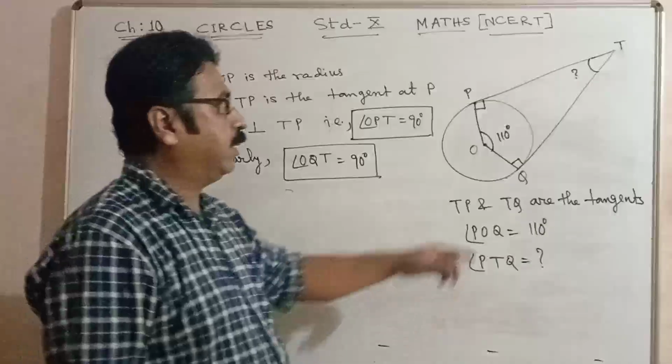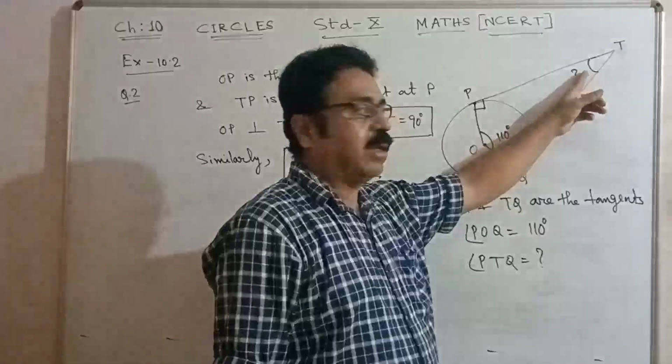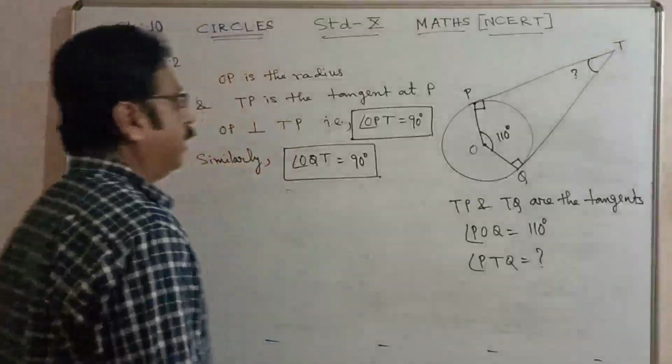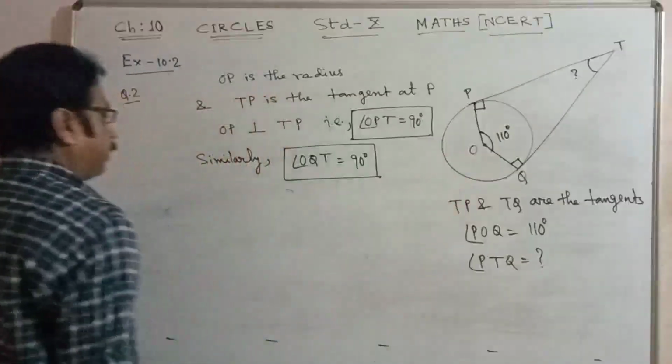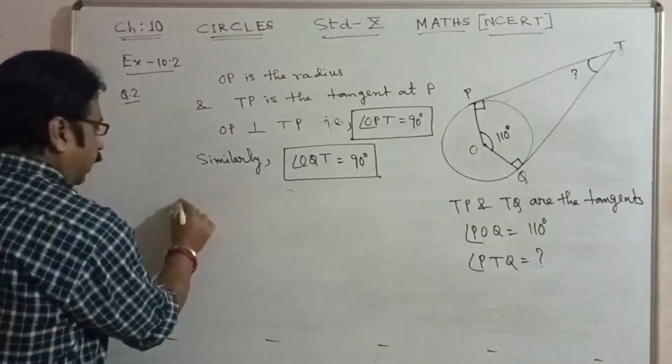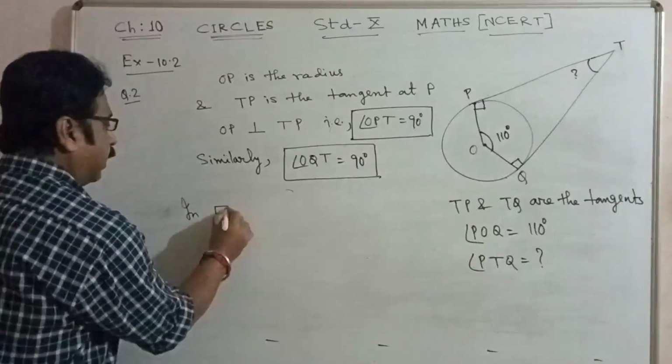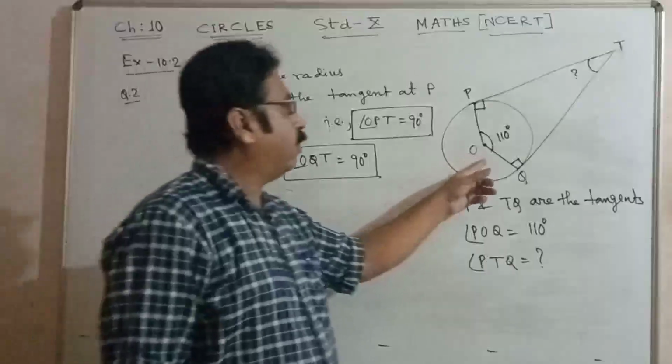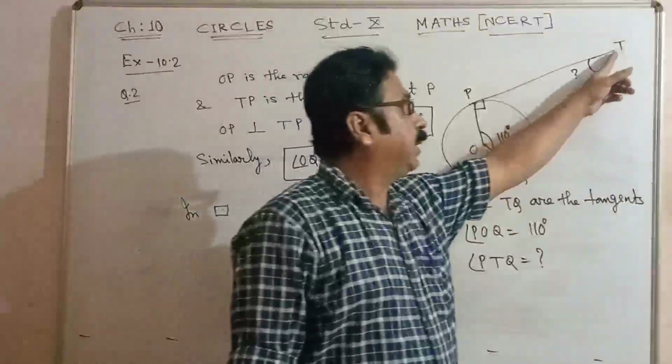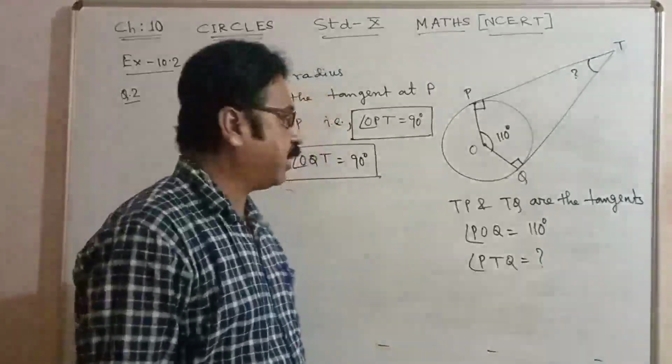We have to find the measure of angle T. This angle is also given. OPTQ is a quadrilateral.